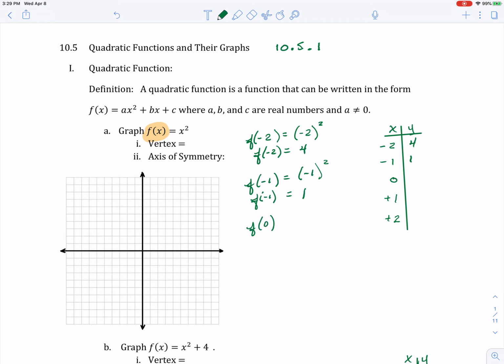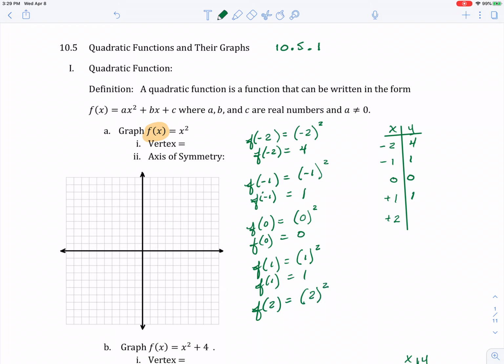When I substitute in for x with a 0, I get 0. And here's where you begin to see something called symmetry. So there's a repeat on that y value, and the last one I have here is f of +2.